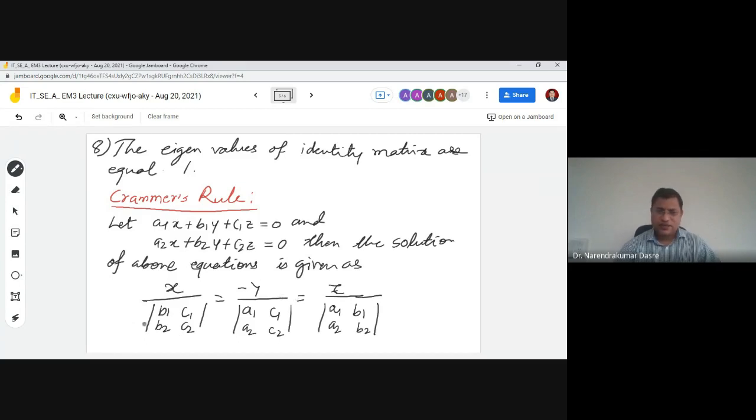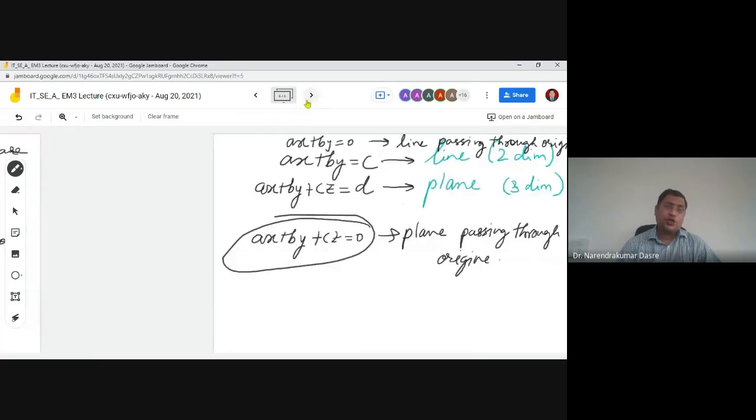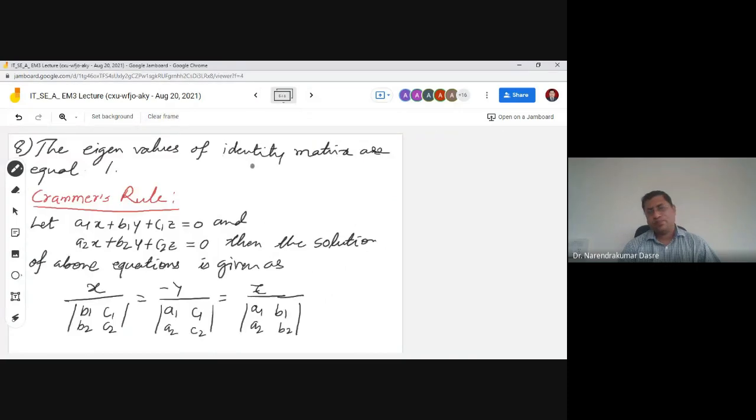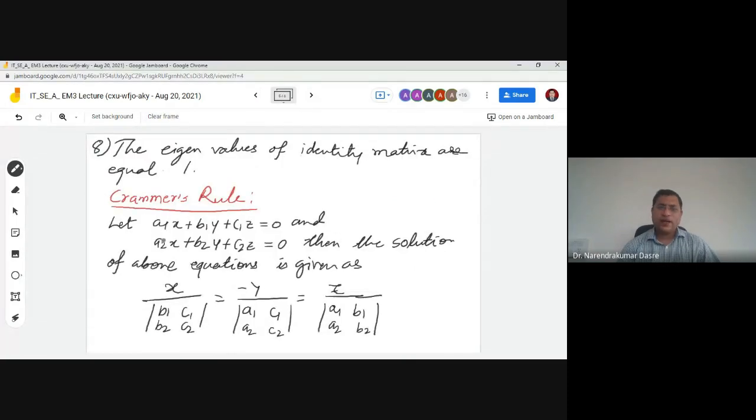So this represents a line in three dimensions, and that's why Cramer's rule helps us find the line in three dimensions. When we have two planes passing through the origin in three dimensions, their intersection can be calculated by using Cramer's rule.